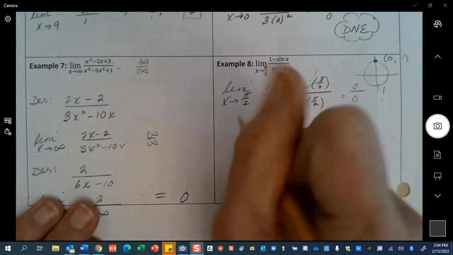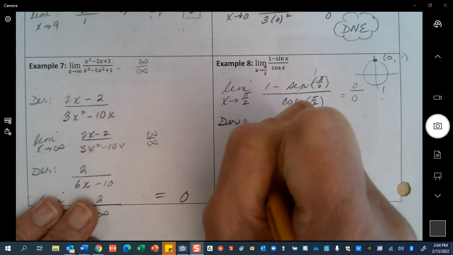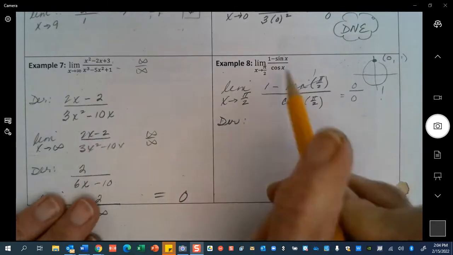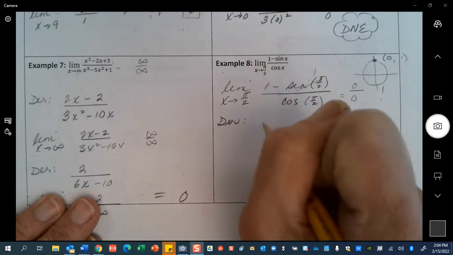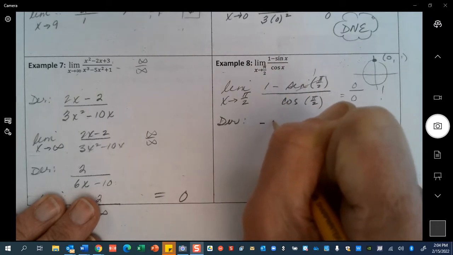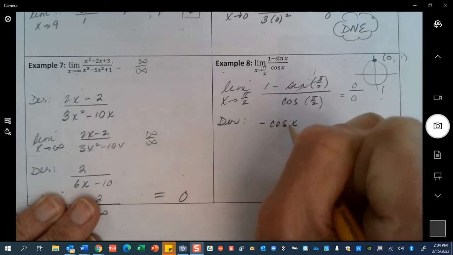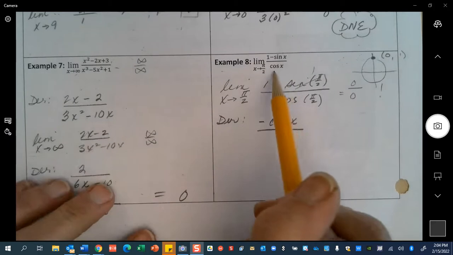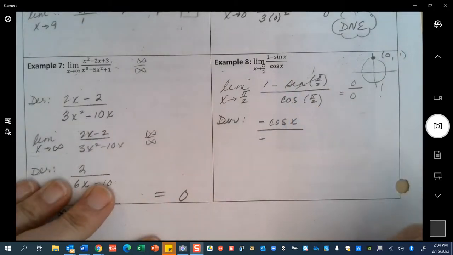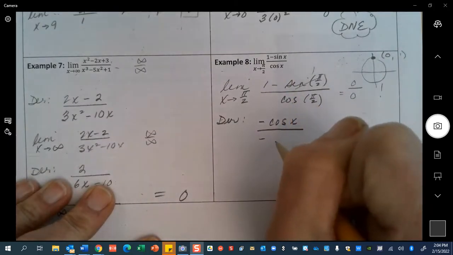So let's go ahead and take the derivative. Thank you, L'Hopital. So the derivative of 1 is 0. The derivative of the opposite of the sine of x is going to be the opposite of the cosine of x. Why is that negative sign there? Think about it as a coefficient of -1. Right, so then the derivative of my cosine of x is going to be the opposite of what?